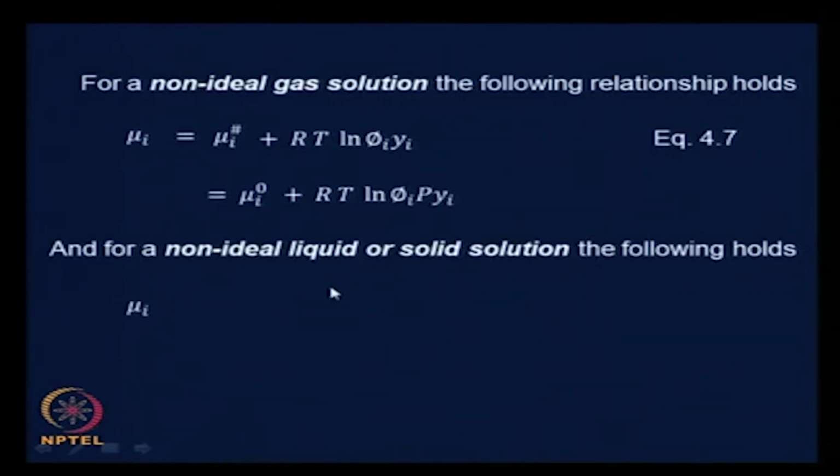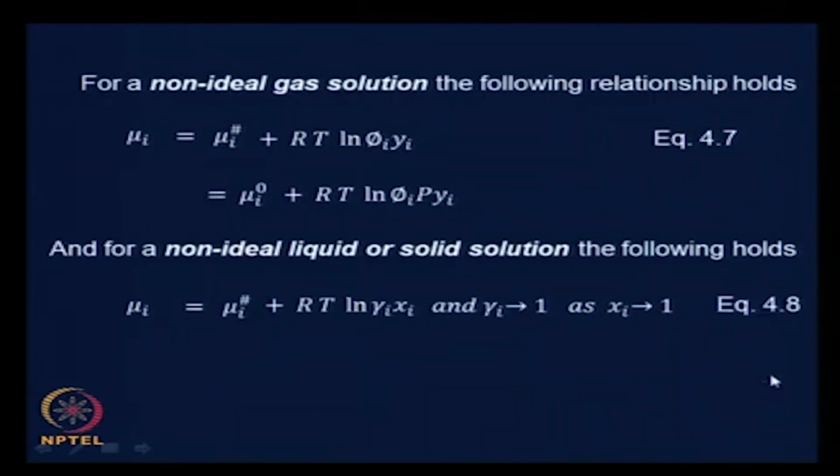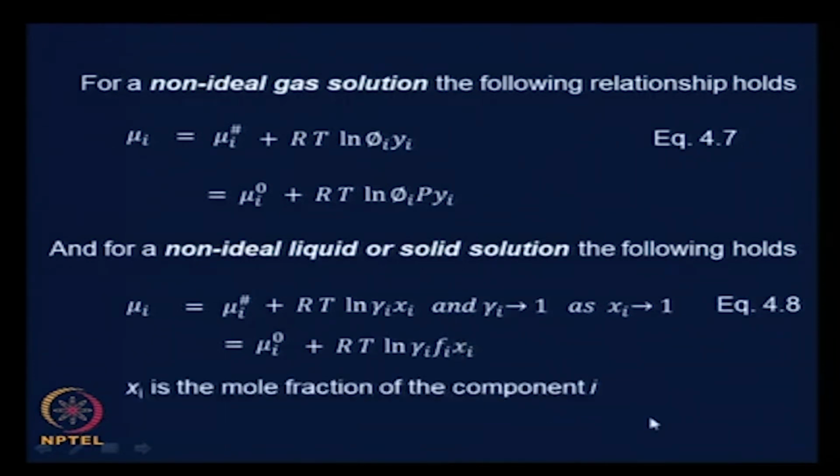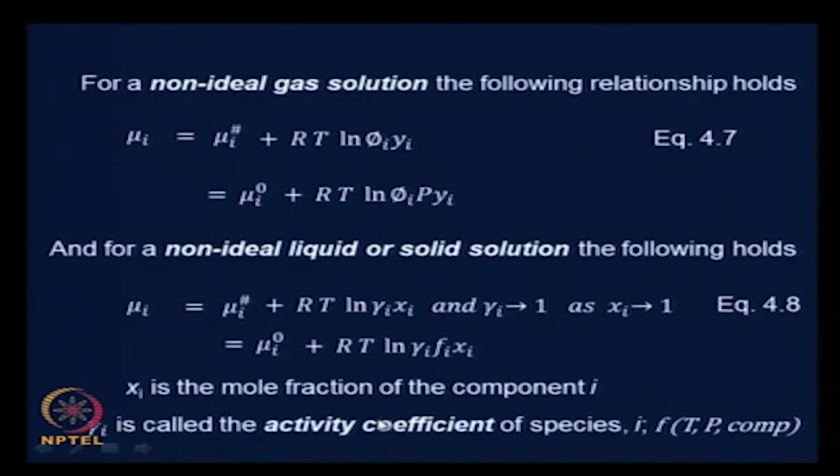For a non-ideal liquid or solid solution, it was mu_i equals mu_i hash plus RT ln(gamma_i x_i), with gamma_i tending to 1 as the mole fraction of the component i tends to 1. This of course was expressed in terms of fugacity and so on for equivalent expressions. Gamma_i is the activity coefficient, and note that gamma_i is a function of temperature, pressure and composition, whereas mu_i hash was only a function of temperature and pressure.